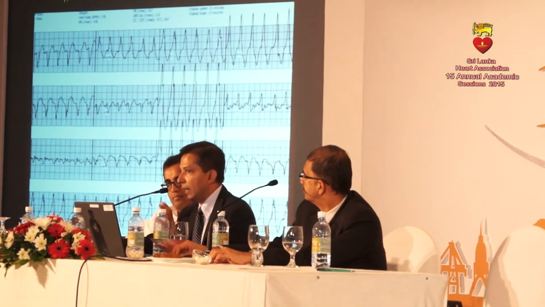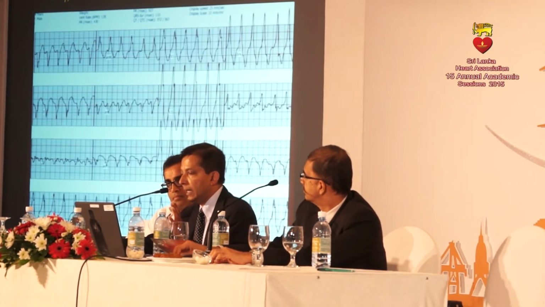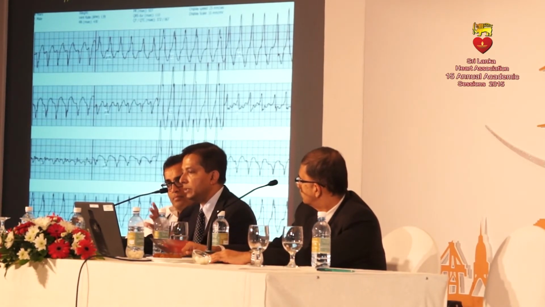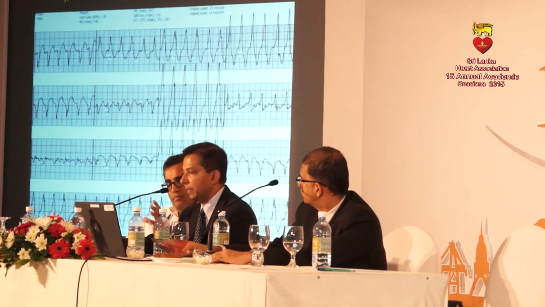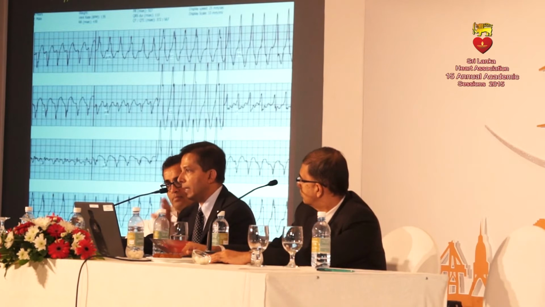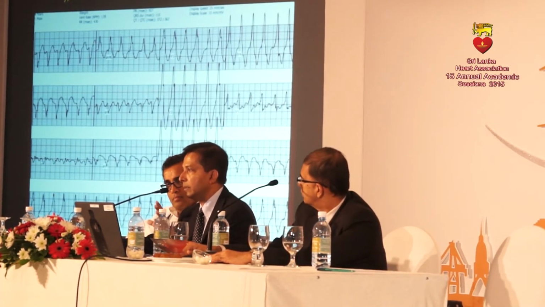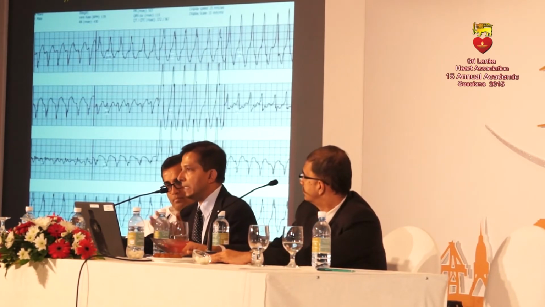Lead V1 has a tall R wave, and the duration of the QRS complex is greater than 140 milliseconds. So when you have a right bundle branch block wide complex tachycardia with a QRS duration greater than 140 milliseconds, that highly favors VT.